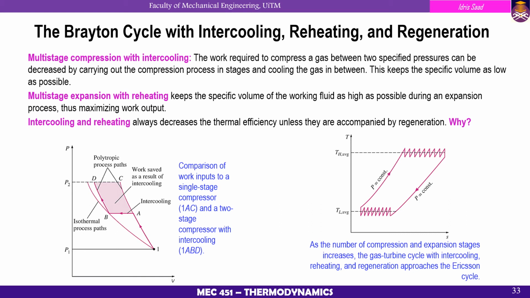If the number of compression and expansion stages is increased, the ideal gas turbine cycle with intercooling, reheating, and regeneration approaches the theoretical limit, which is the Carnot efficiency.